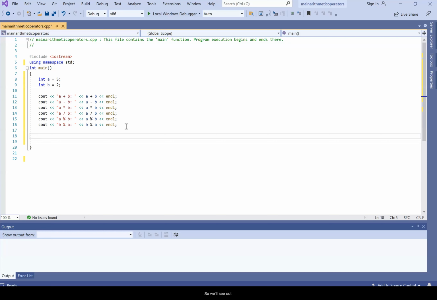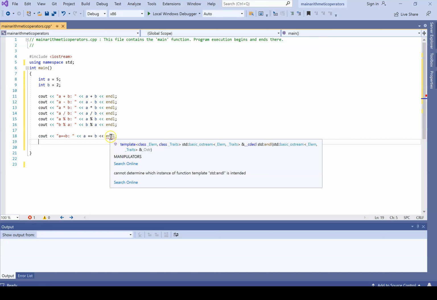So we'll say cout a plus equals b, a plus equals b. What's wrong with this?